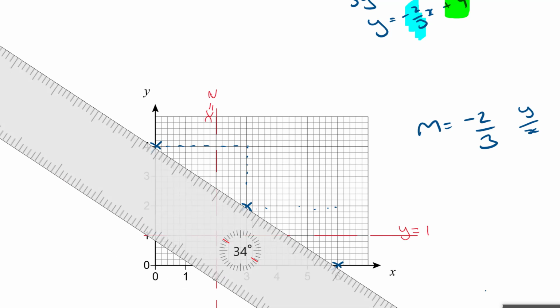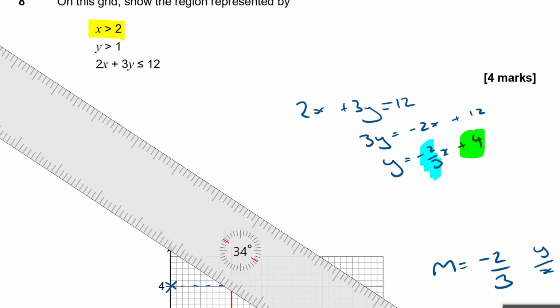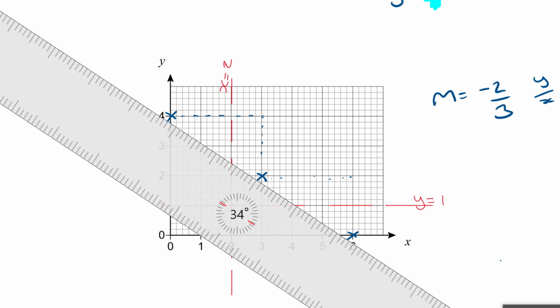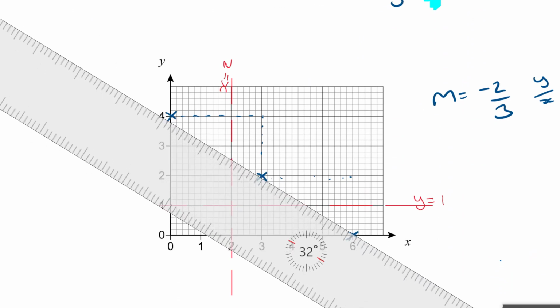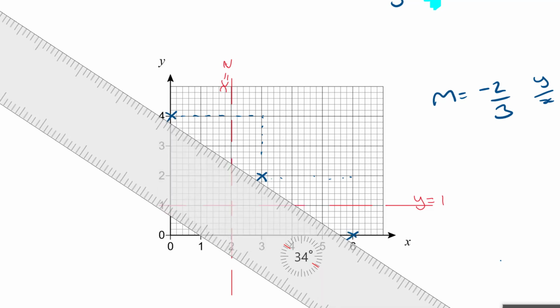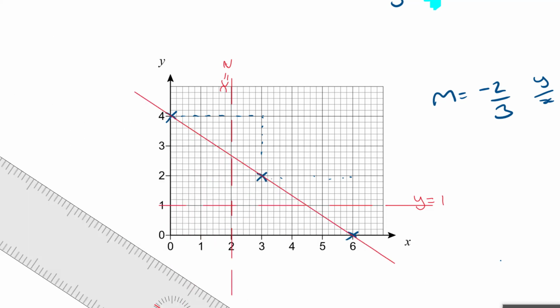Now this line tells me that it is less than or equal to, so I'm actually going to use a solid line for this line rather than a dotted one. Like that. So that is the line y is equal to minus 2/3 of x plus 4.